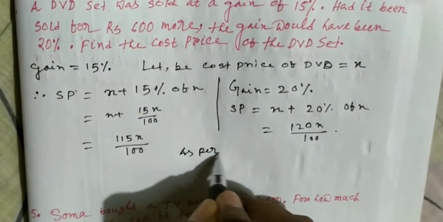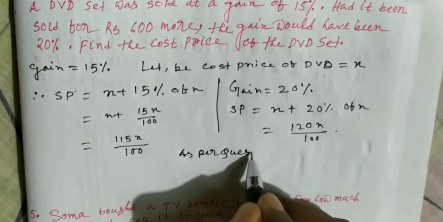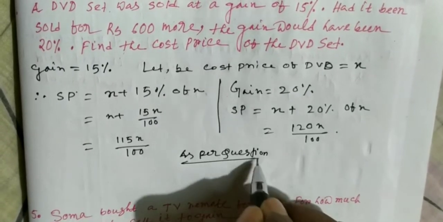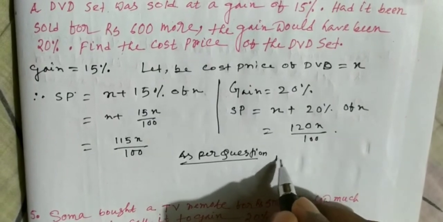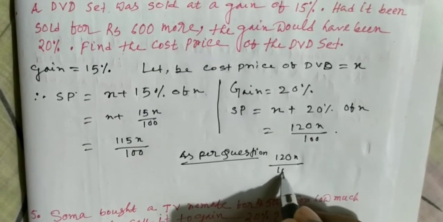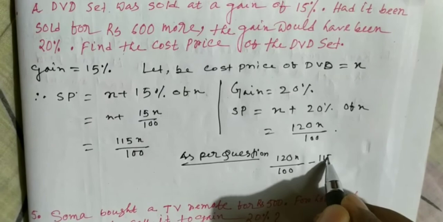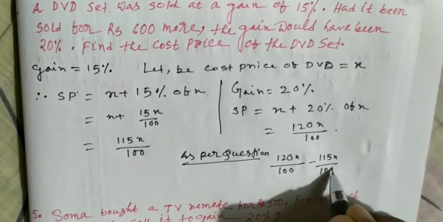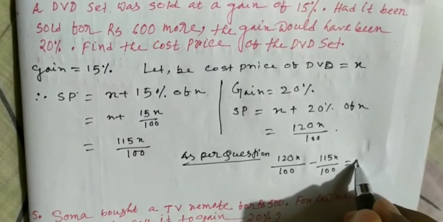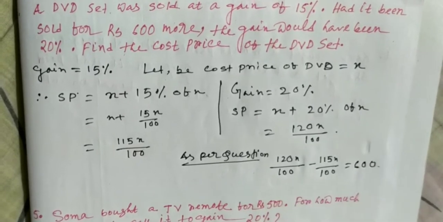As per the question, 120X by 100 minus 115X by 100 is equal to 600.